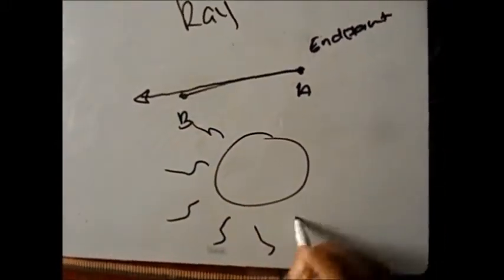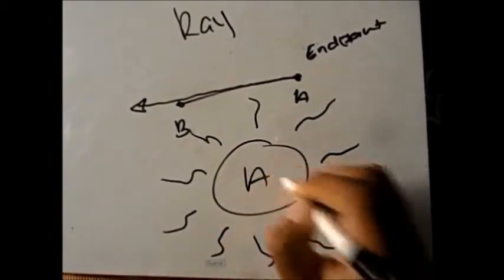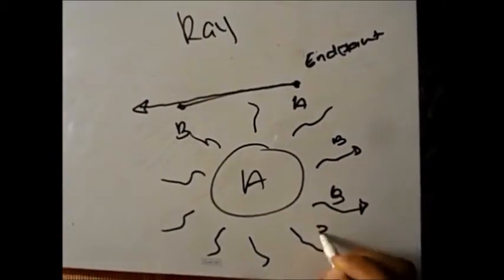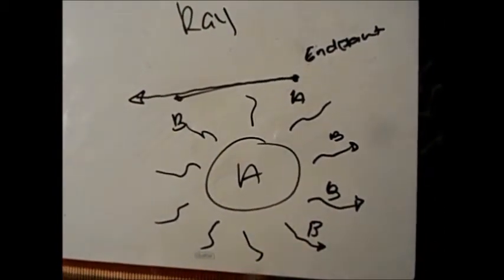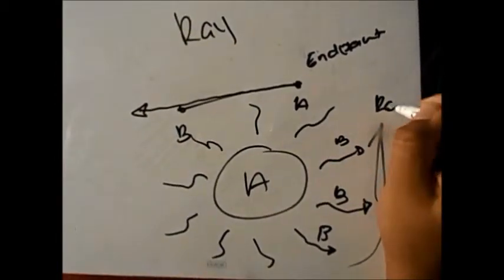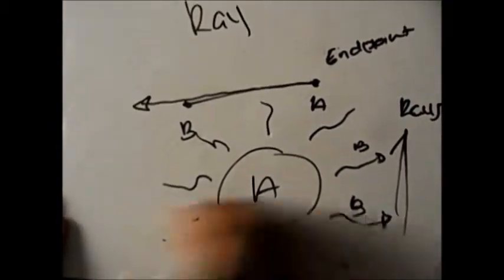So, it's kind of like the rays of a sun. The rays start out on the sun, and then they move out in different directions, each being a ray. That's why we have sun rays. They're called rays.